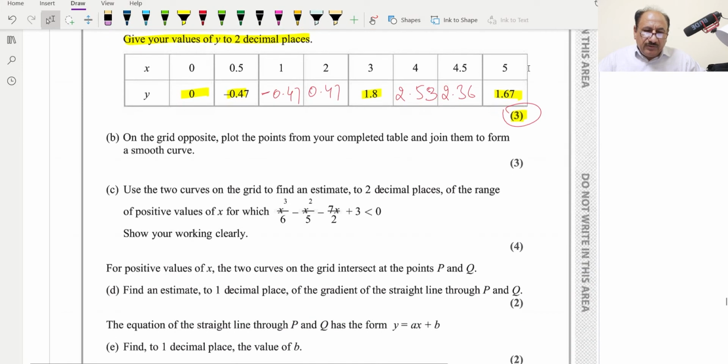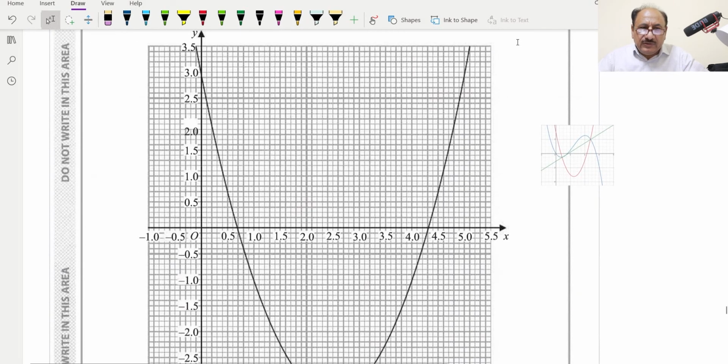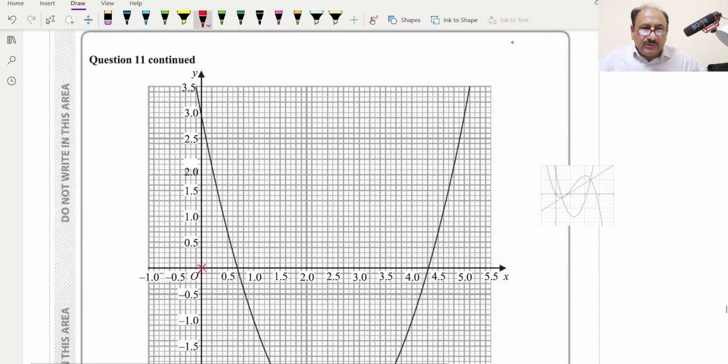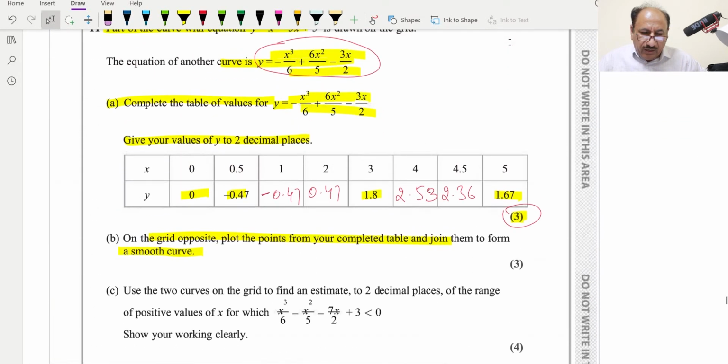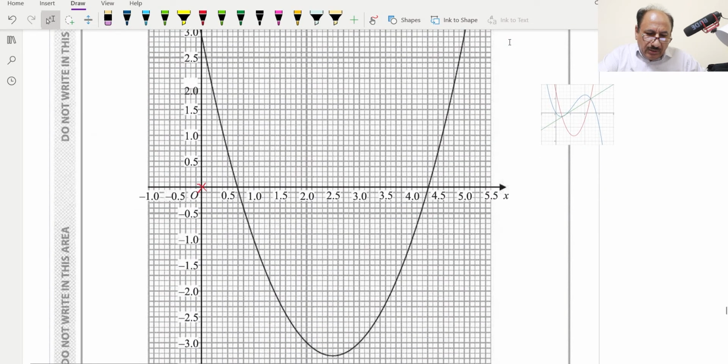Now on the grid opposite, plot the points. Plot the points from your completed table and join them to form a smooth curve. So we'll have to indicate these points on the grid over here, and first is 0, 0. We will indicate 0, 0 will be this point. Then the next value is 0.5 and minus 0.47.